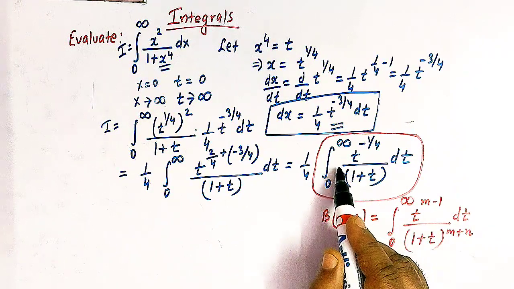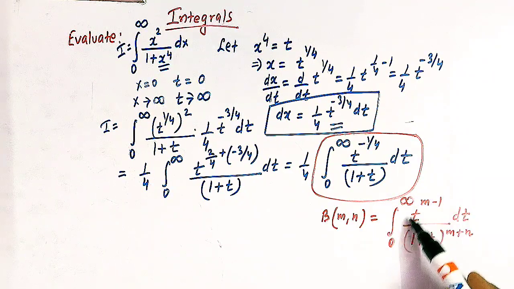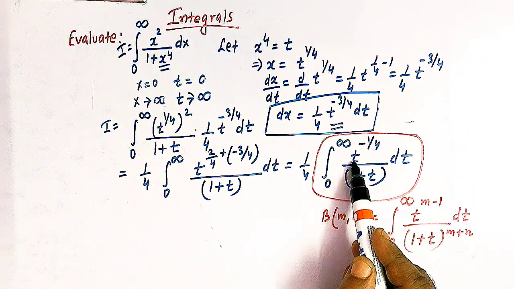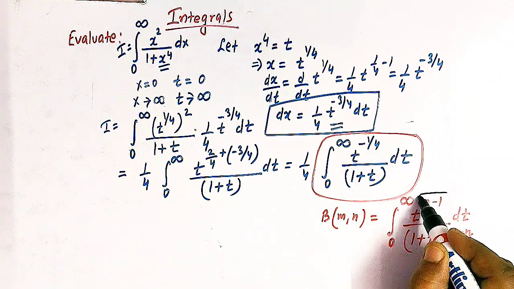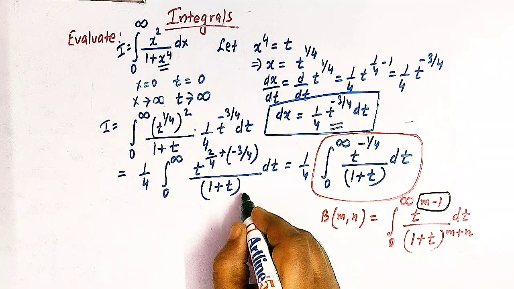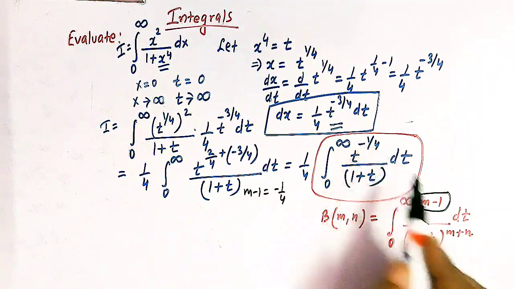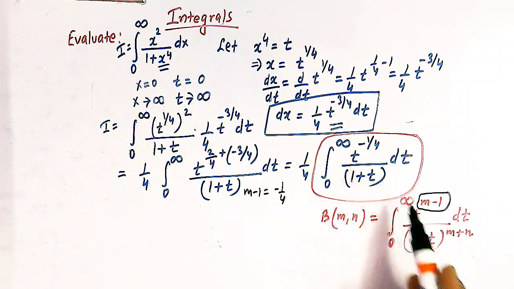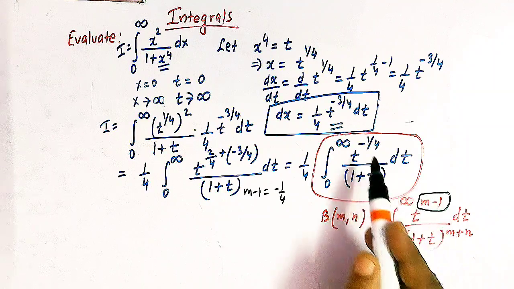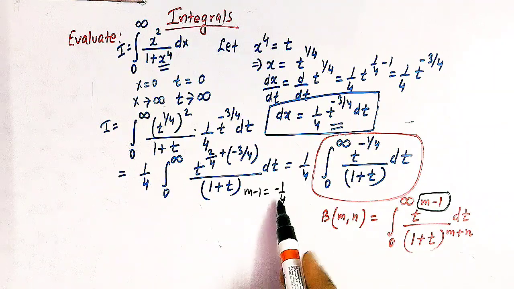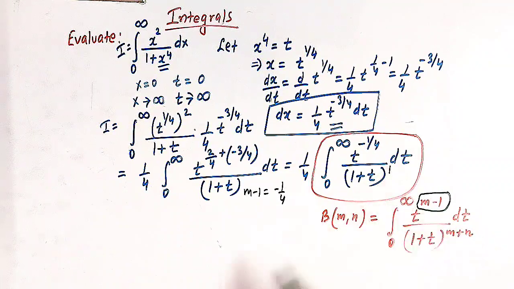So now here we have the terms which are similar to this integrand. Here we have t raised to minus 1 by 4. So now we can take m minus 1 as minus 1 over 4. If we compare these two integrals, we can write m minus 1 is equal to minus 1 over 4, and here we have 1 plus t raised to 1.